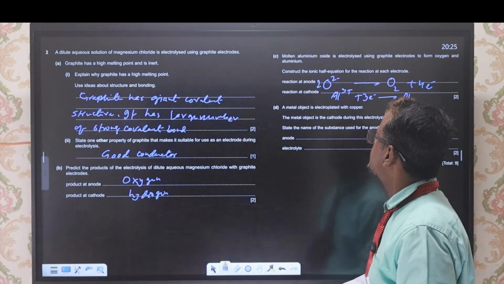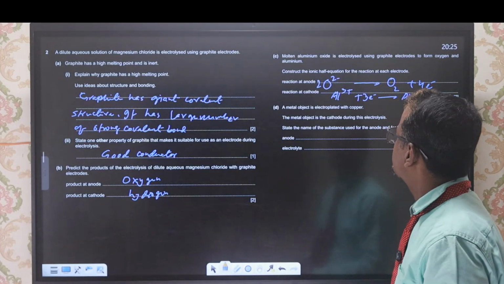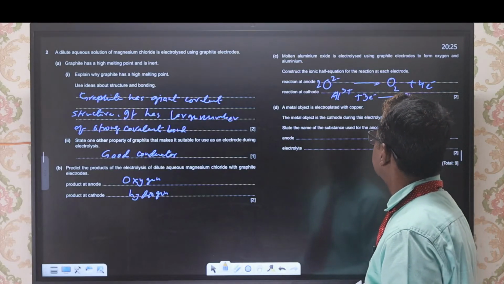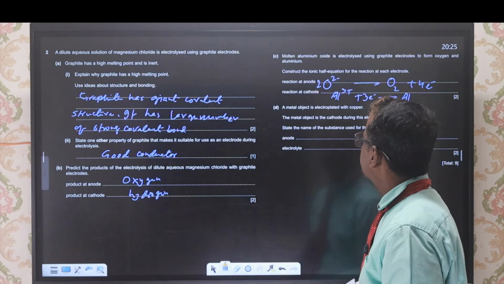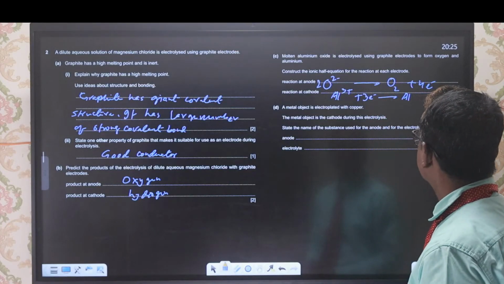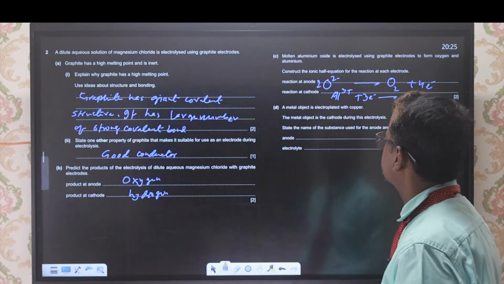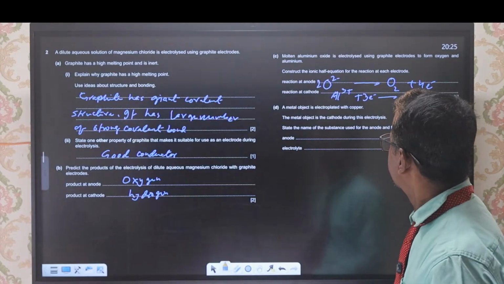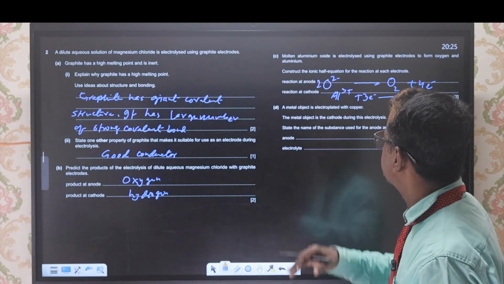A metal object is electroplated with copper. The metal object is the cathode during this electrolysis. State the name of the substance used for the anode and for the electrolyte. At the anode, we use copper, since the copper is electrolyzed.